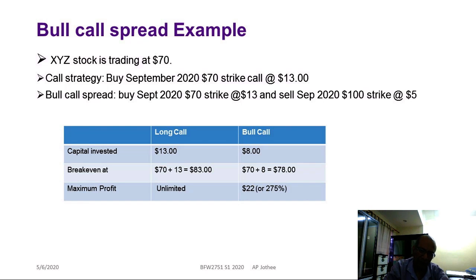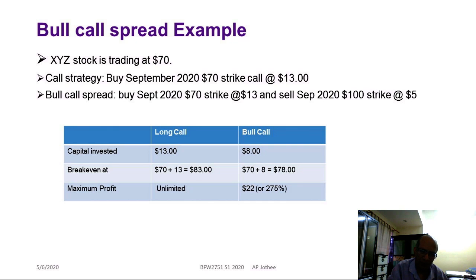But if you have a bull call spread, you bought the call for $13 and you sold another call at a higher strike for $5. So the subsidized premium now is only $8. So your profit will be achieved when ST goes up by just $8. At $78, you're already reaching a break-even point.